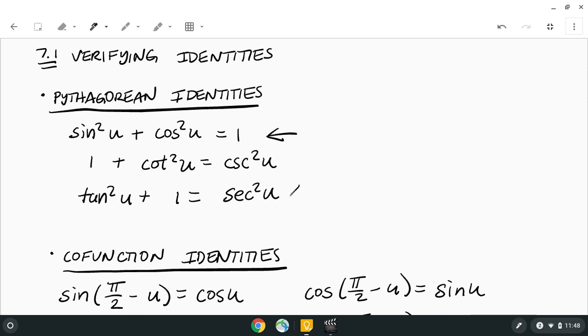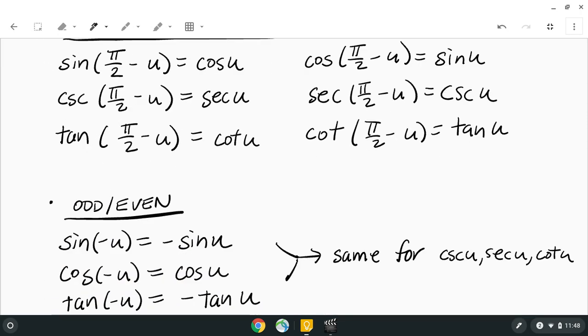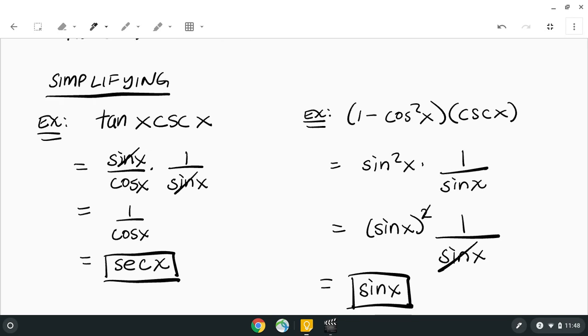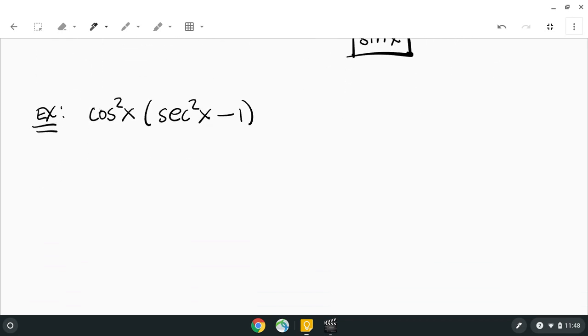Aha, we can get secant squared minus 1 here. If you subtract 1 on both sides, you'll get secant squared minus 1 equals tangent squared. So I can go ahead and rewrite this secant squared minus 1 as tangent squared.